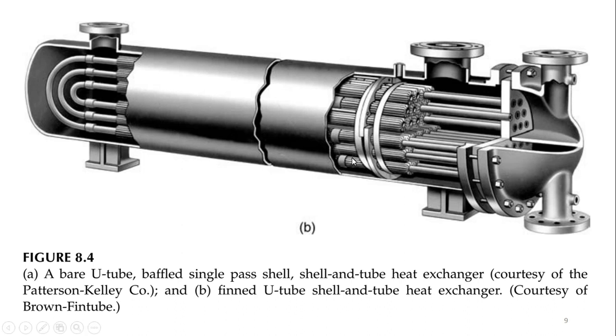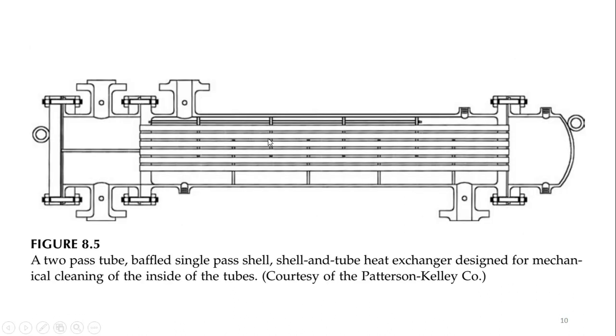I will show you in the upcoming slide, when we see the design example of the shell and tube heat exchanger, whether we have to use bare tubes or fin tubes, and it basically depends upon the fluids that we are using in the particular operation.